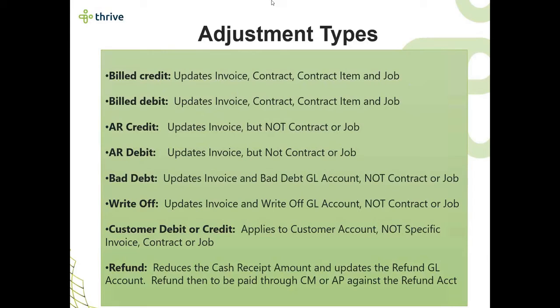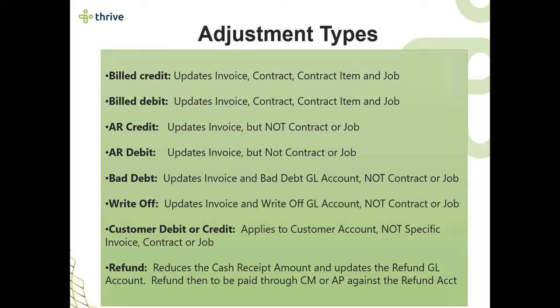Okay, the next two items are AR credit and AR debit. What this does is it either increases or decreases the value of the invoice, but it doesn't update the amount flowing through to the contract item and job as amount being invoiced. So if the original invoice was for $1,000, the contract and job information would still have that $1,000 there.